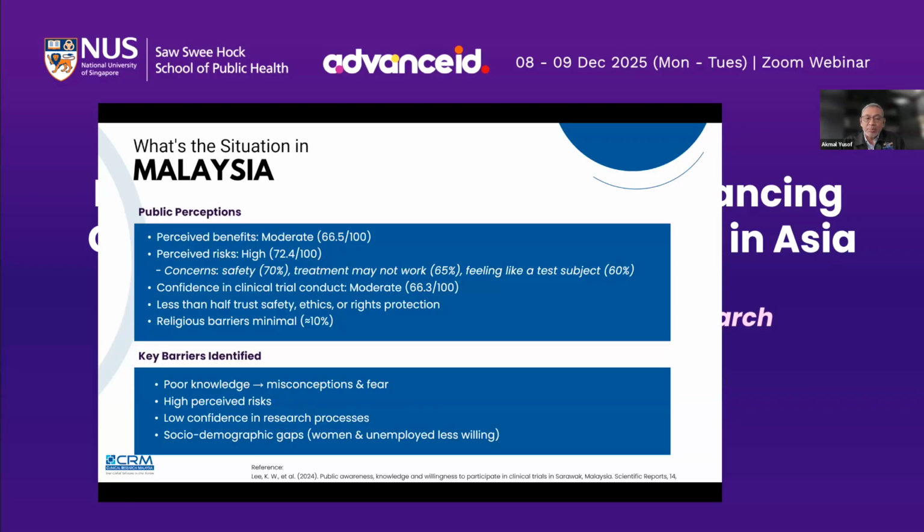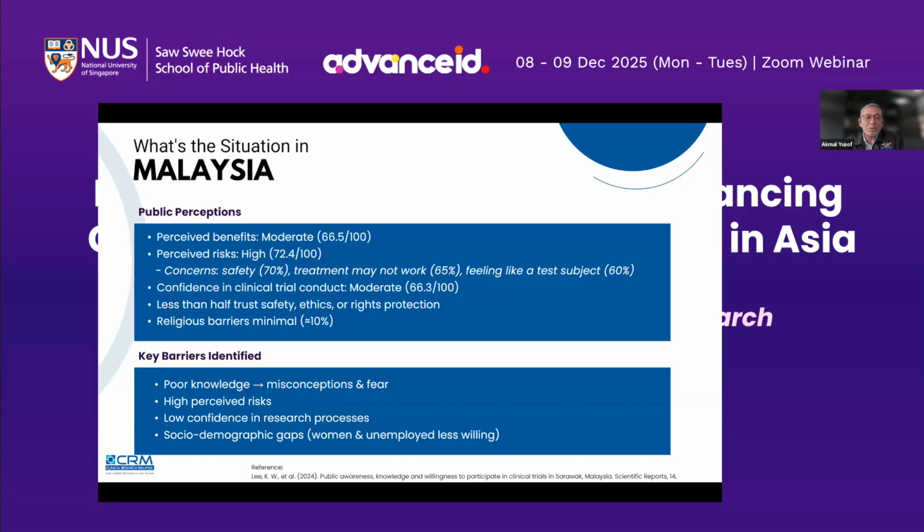There is also a perception that there is a high risk in terms of getting involved in clinical research. There is low confidence in terms of the processes. I boiled it down to a lack of communication to help people understand that clinical research is well governed and well managed in terms of the conduct in Malaysia.